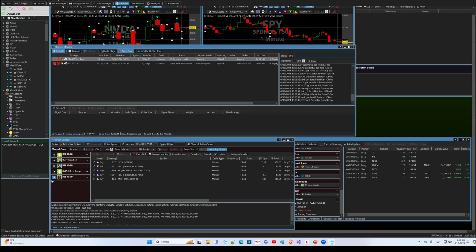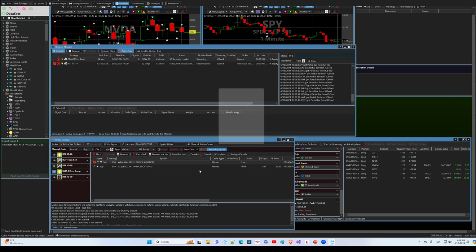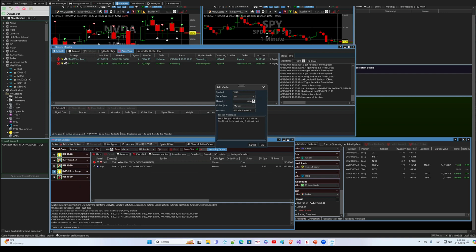We're trading IQ feed to Alpaca with the SMA. So this order block is the one we're talking about. And you can see here we had an order error. There's a red button there. If we double click on this order, you can see this was the situation that I talked about before.